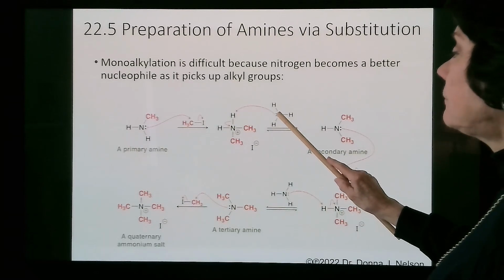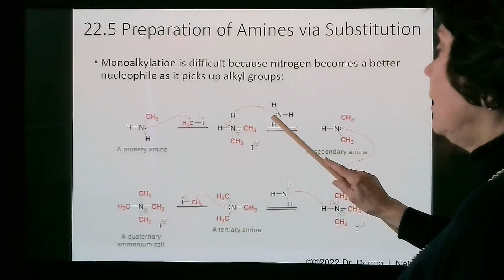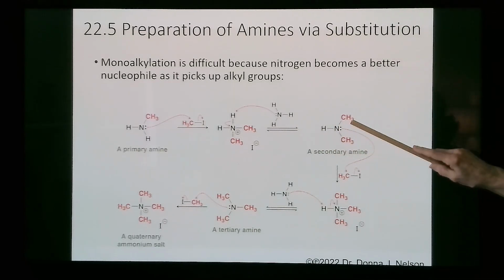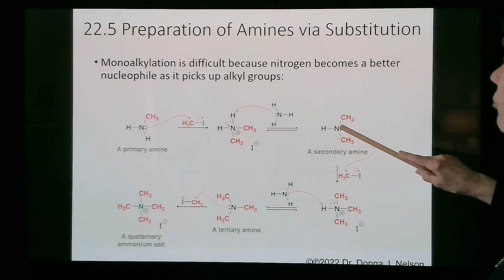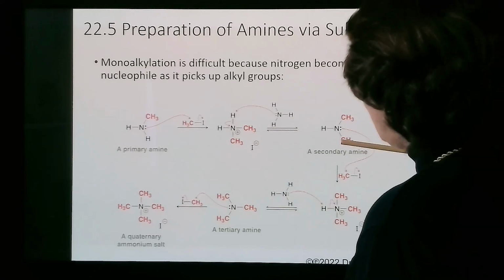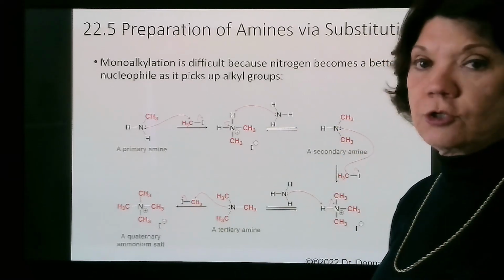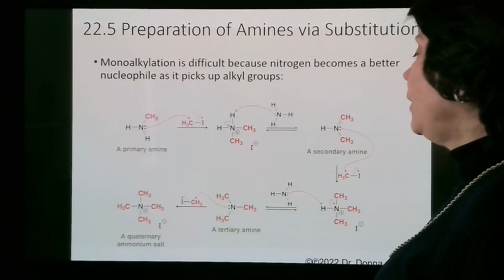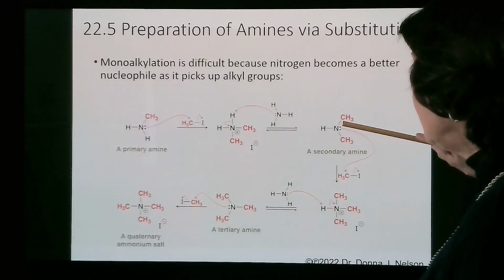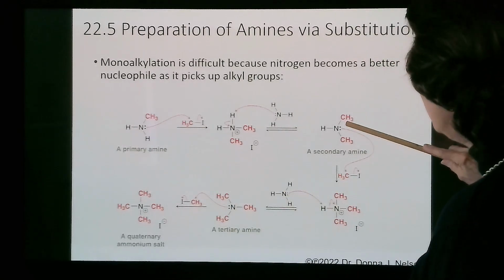Then nitrogen, from one of the amines present in the reaction, will pluck off the proton, and so now you have nitrogen, which is still electron withdrawing, as always, and so now it's bearing two methyl groups, and so both of these will donate electron density onto nitrogen, and so this nitrogen will be even more electron rich than that one, and so this pair of electrons will be even more basic than that one.